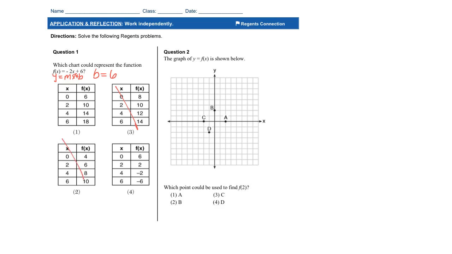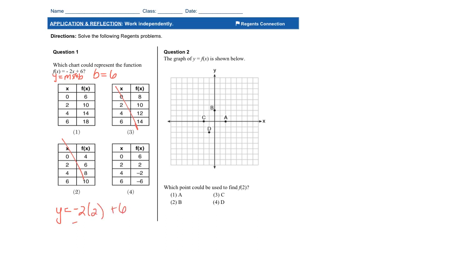Now let's look, the slope's -2. That means that each time the y position moves, we should go down 2. So when x is 2, let's plug it into our equation. Y equals -2 times 2 plus 6.